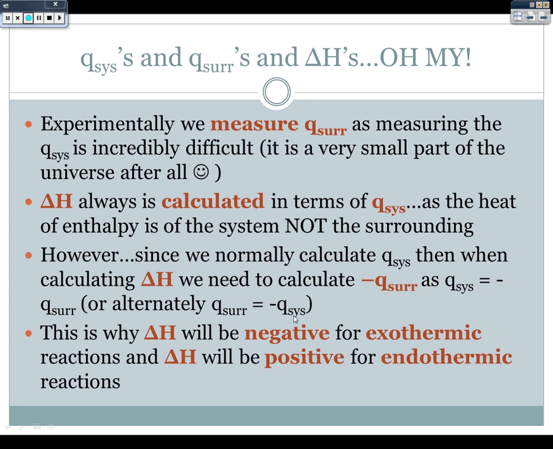Whereas with an endothermic reaction where the change in temperature is now negative, because heat is being removed from the surroundings into the system, that negative delta T gives us a negative Q surroundings. The negative of a negative is a positive, which is why delta H is positive for endothermic reactions. So it kind of makes sense.